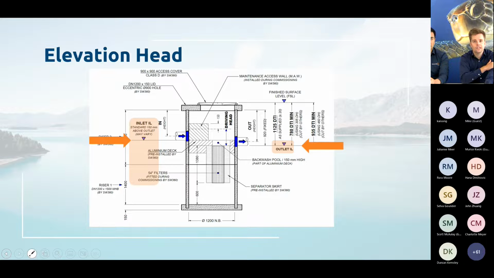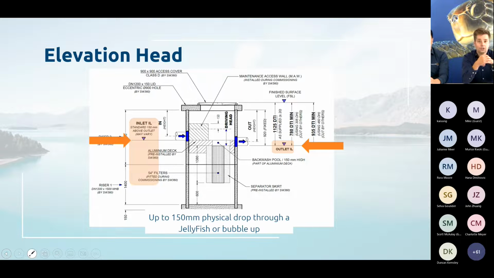As standard on the Jellyfish, the inlet is 150 millimeters above the outlet, but that range varies because the Jellyfish uses an upflowing treatment mechanism, flowing up through those membrane filters. You can have a bubble up situation through the Jellyfish, so the Jellyfish can be used in a bubble up configuration.